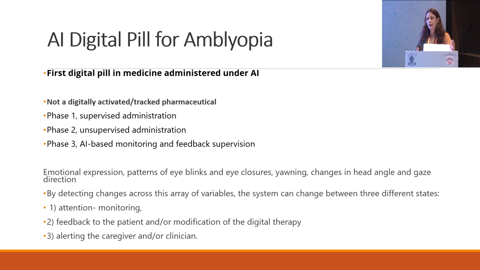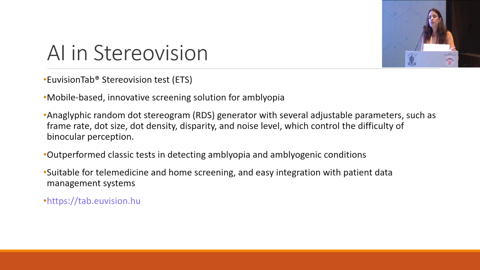By detecting changes in these patterns, it captures the patient's attention monitoring, that is, how much work he actually did on the amblyopia therapy we had given. It gives feedback to the patient directly there and then, and also alerts the caregivers with an alarming signal that the therapy is not being done properly, okay? So this is a positive feedback as well as a negative feedback mechanism for improving compliance to the therapy.